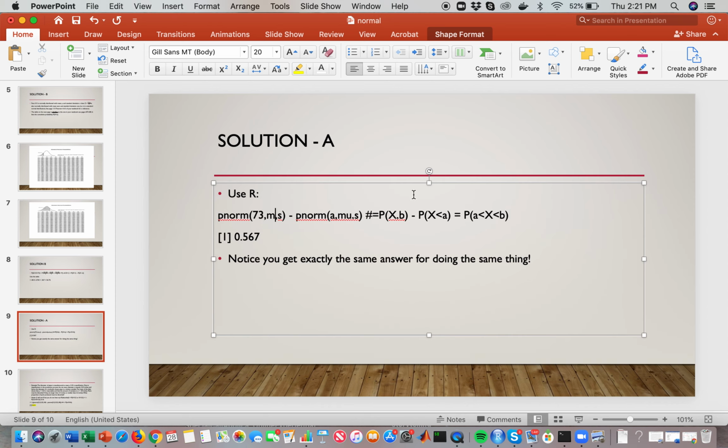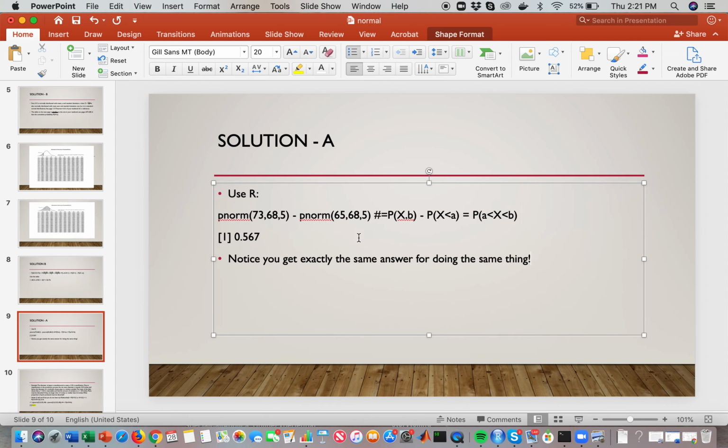So the value I want to calculate is for 73, the mean is 68, the standard deviation is 5. So 65, 68, and 5. That's going to be our probability. So if you just execute that in R, you're going to get the same answer. And this is exactly the same answer for doing the same thing.